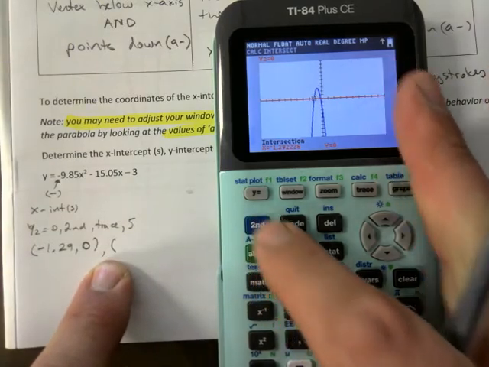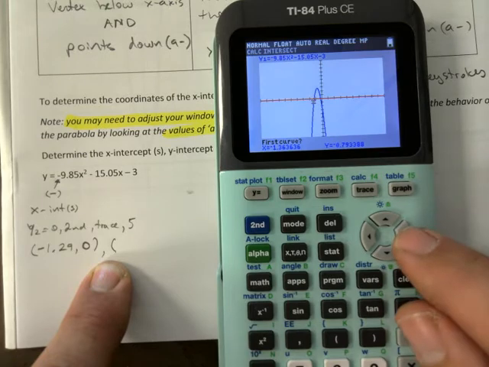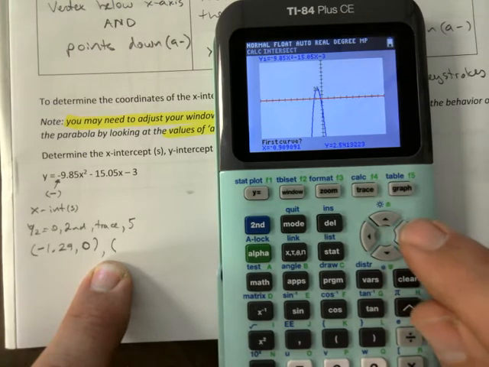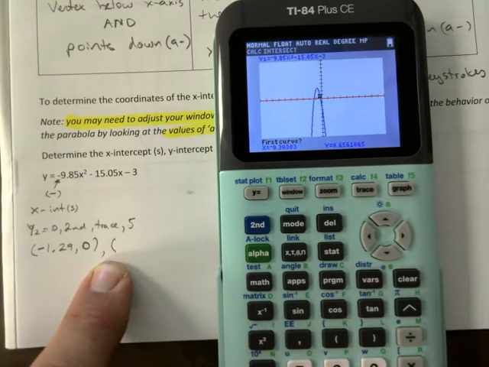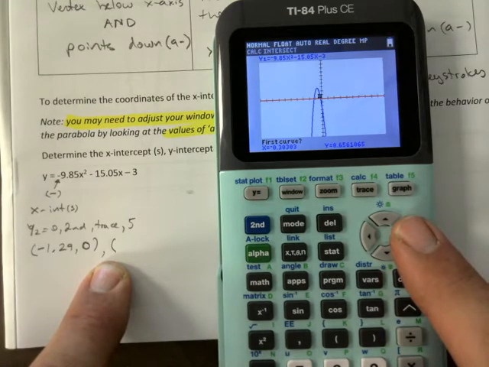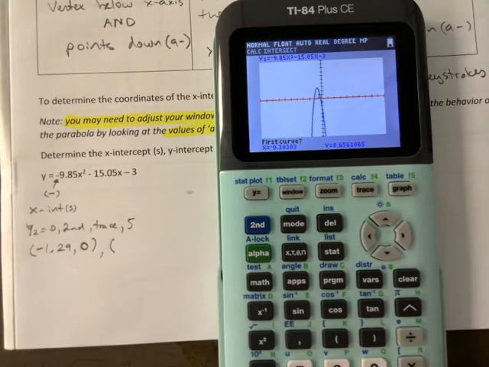You go second trace 5, and now I'm going to arrow over the hill towards the other one. And again, you don't have to be right on it. Don't worry about that. And watch this. You basically hit enter 3 times. Enter, enter, enter.